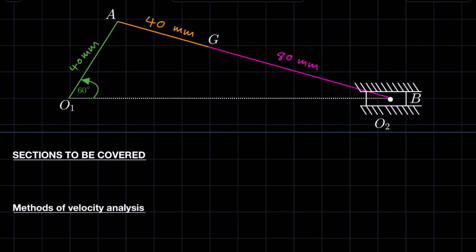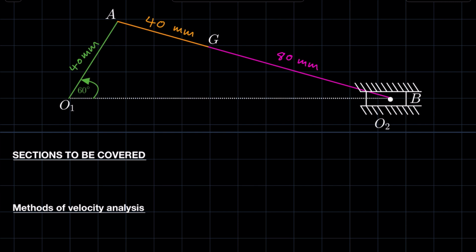Now, looking at the types of velocities that we can expect to determine in kinematics. For a link that only translates, so a link that is in linear motion, you can only determine the linear velocity.